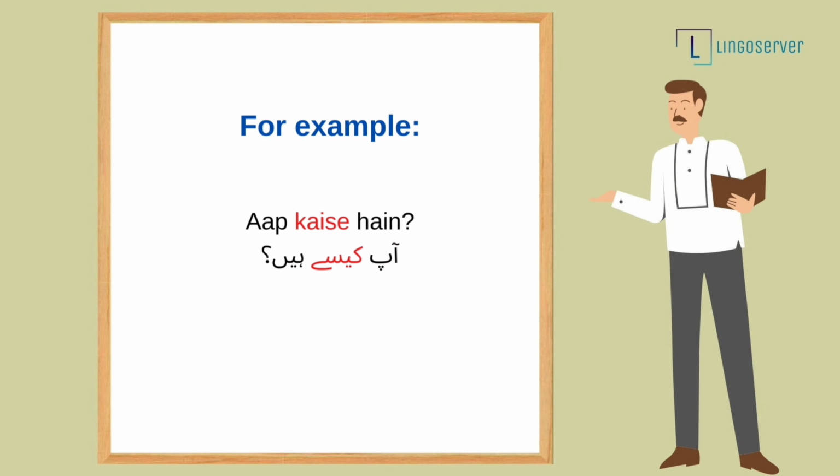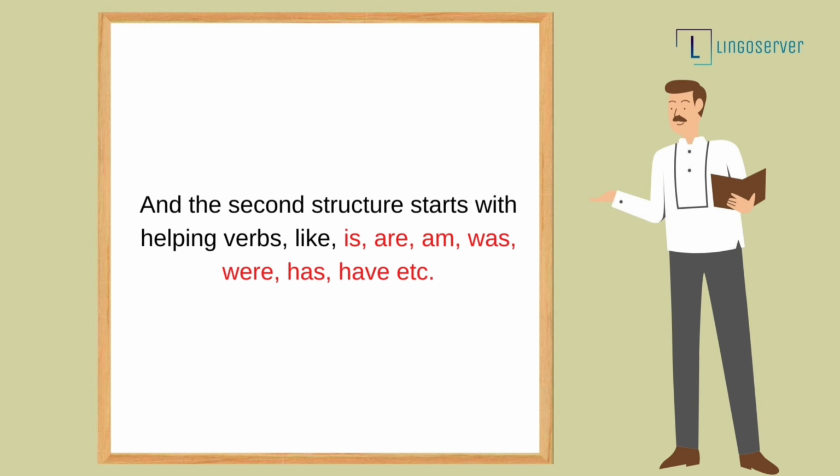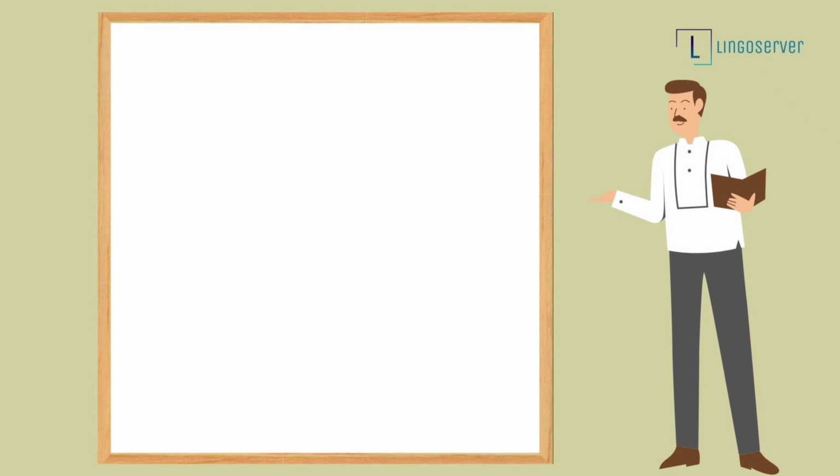For example, आप कैसे हैं? And the second structure starts with helping verbs like is, are, am, was, were, etc. In this case, we will follow the following structure in Urdu: क्या plus subject plus predicate plus tense.